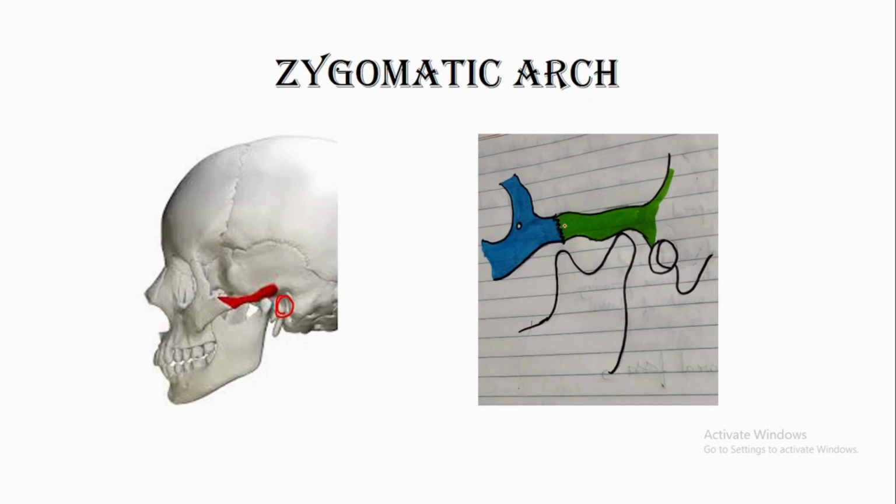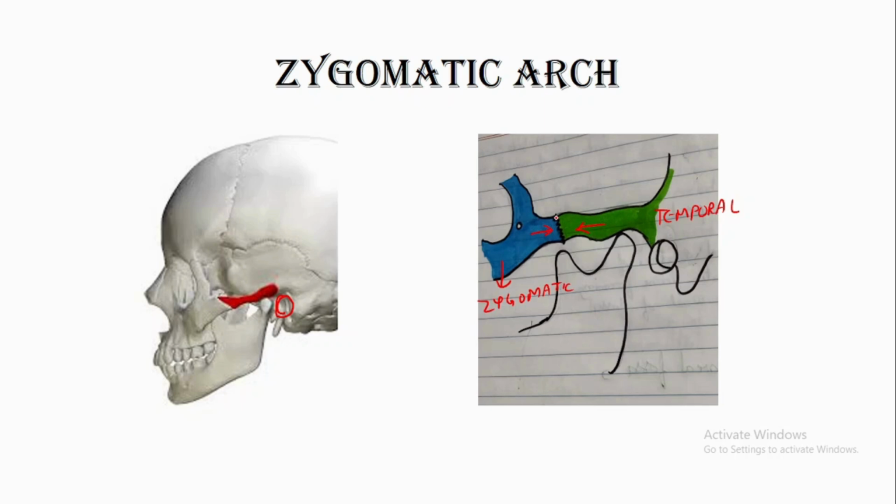Now, the zygomatic arch is formed by two bones. This is the zygomatic bone and this is the temporal bone. So, this one is the temporal process of zygomatic bone and this is the zygomatic process of temporal bone.